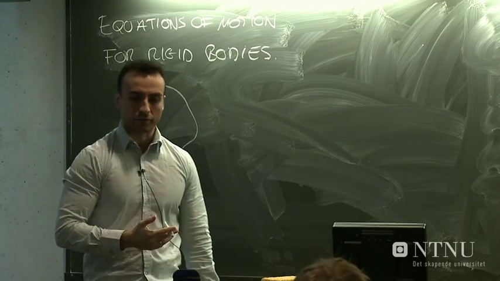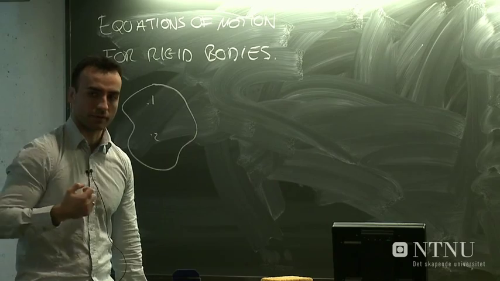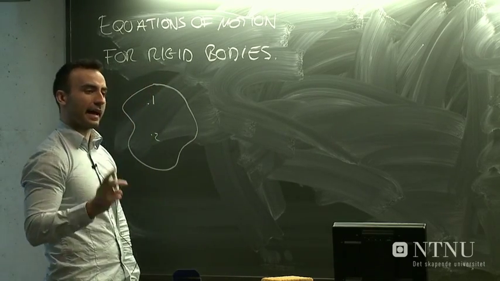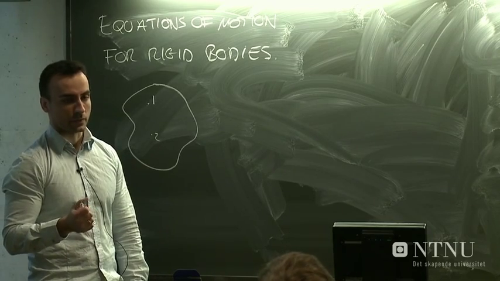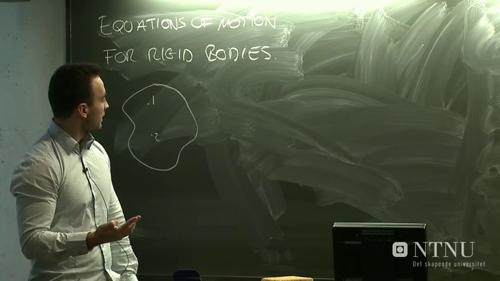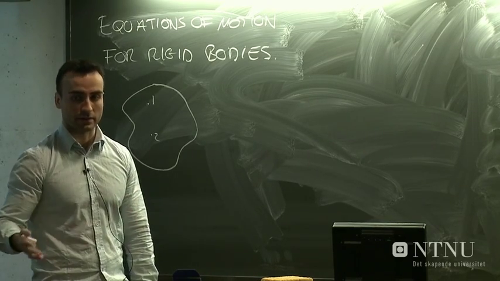So as a preliminary to starting up this chapter, one thing that we need to convince ourselves of is that the angular velocity vector, which characterizes the rotation, say, of a rigid body, is descriptive for the whole rigid body. It's the same for all particles in the rigid body.